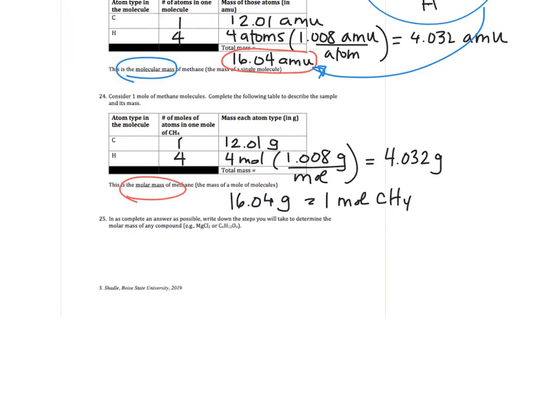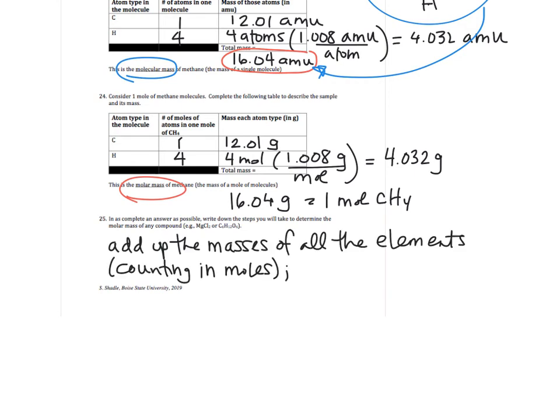So if we wanted to calculate the molar mass of some other compound, like this magnesium chloride or this glucose, you don't need to know those names yet, but what would we do? Well, we would add up the masses of all the individual atoms. In particular, we're going to take the masses of all the elements, but we're going to count them in moles, because remember that we want the molar mass here.